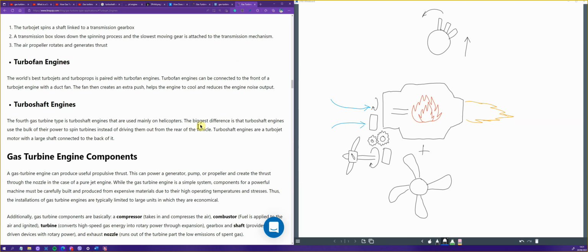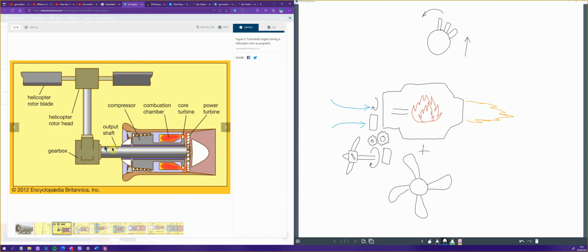Ito, the biggest difference is engines use the bulk of their power to spin the turbines instead of driving them out of the rear of the vehicle. Turboshaft engines are turbojet motor with a large shaft connected to the back. So, sa likod nakakabit. Sa likod daw, pero dito sa harapan.